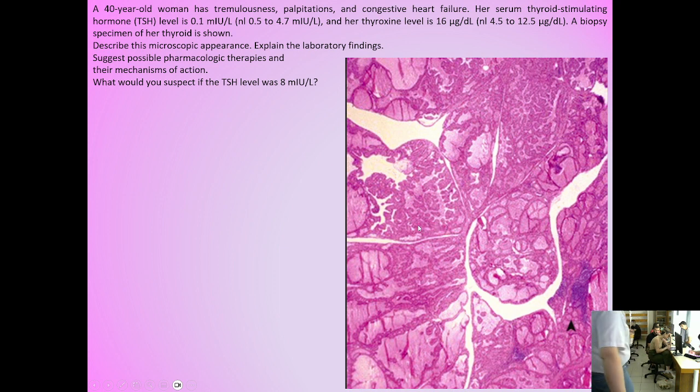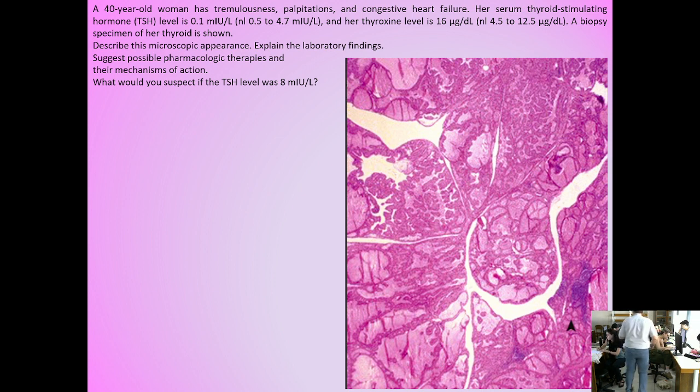Is there an area, think of what we said in our lab exercise yesterday, the architecture of which looks suspicious for something we saw yesterday? I think there is an area here and here. Yes, these structures look like papillae.